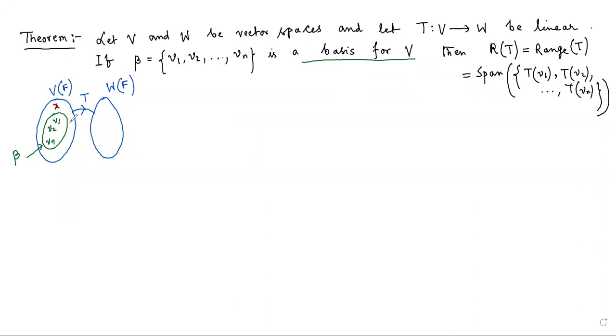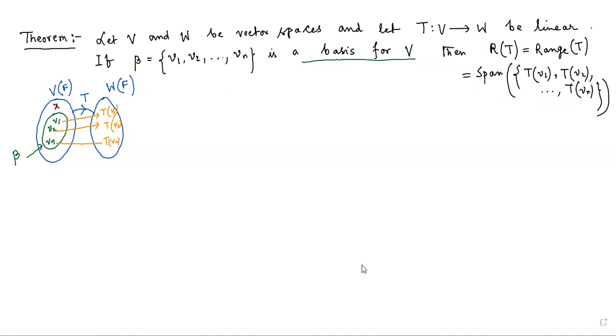Now, if this is the case and v1, v2, vn are linearly independent vectors, then W must have a basis. So the elements of W must be spanned by something. So what is that span of W? The theorem says that under the transformation T, v1 is being taken to T(v1), v2 is being taken to T(v2), vn is being taken to T(vn).